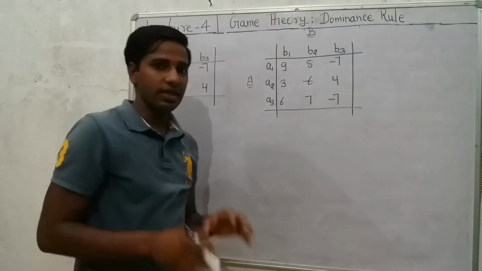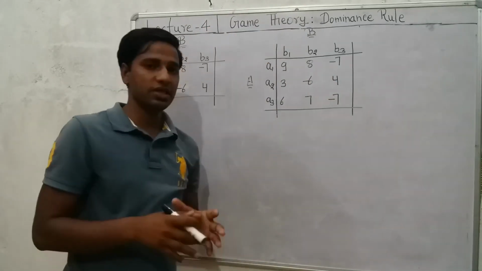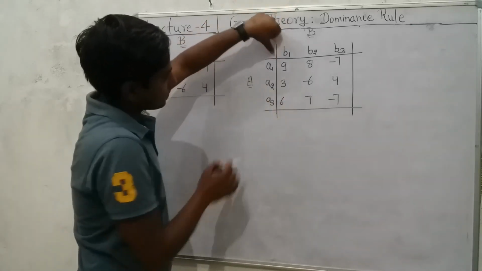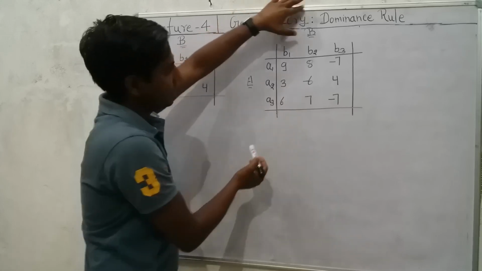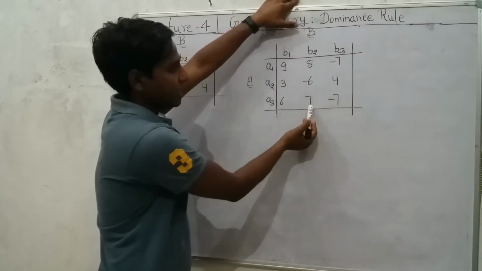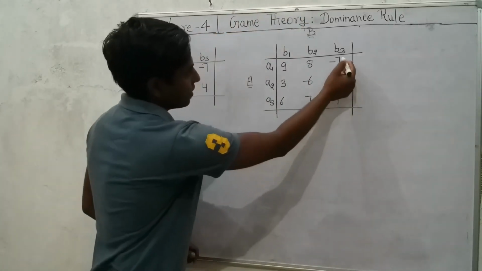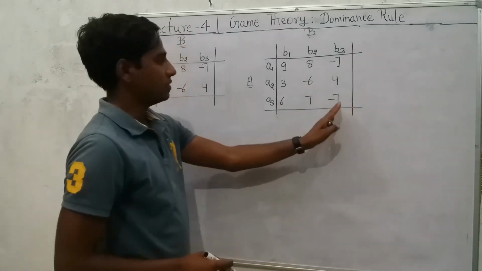we notice a special kind of pattern: the first element of the first row is greater than the first element of the third row, the second element of the first row is also greater than the second element of the third row, and the third element of the first row is equal to the third element of the third row.